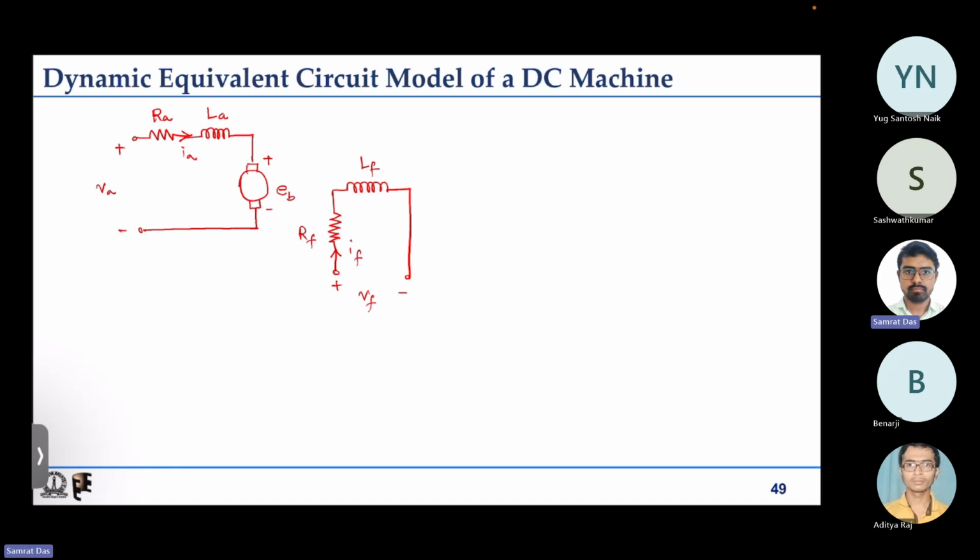Now a motor, we have understood, has a mechanical subsystem also. So this armature that is rotating, say it is rotating at some velocity omega.